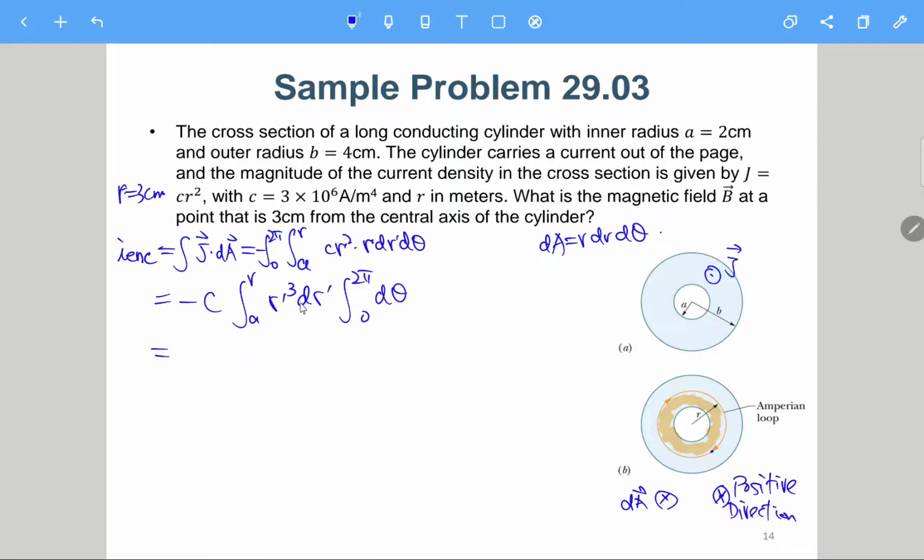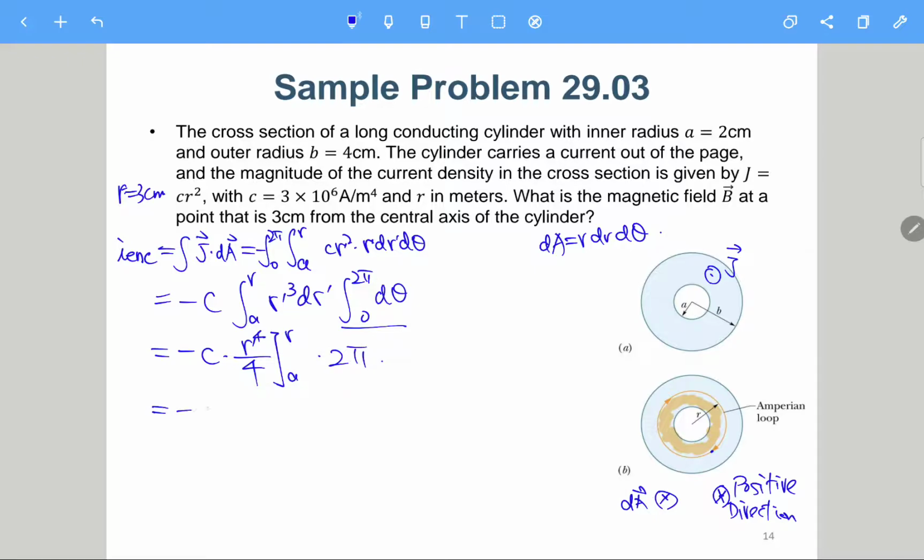The antiderivative is r prime to the 4th power over 4, evaluated at r and a, and then subtracted. For the theta integration, we evaluate at 2 pi and 0, so it will be 2 pi.